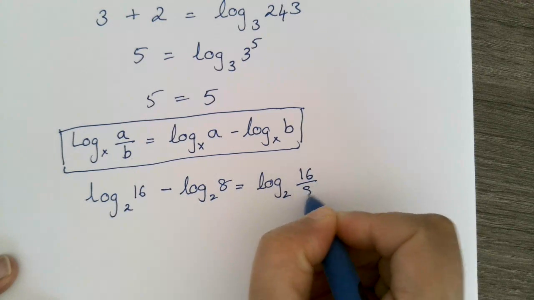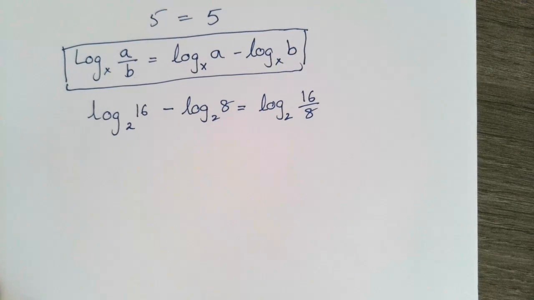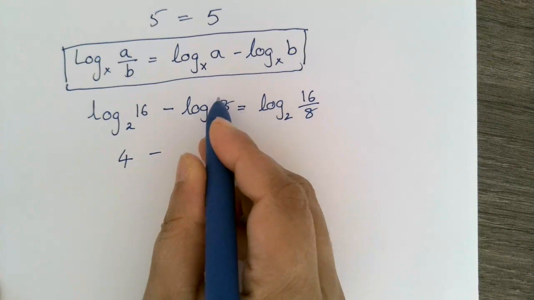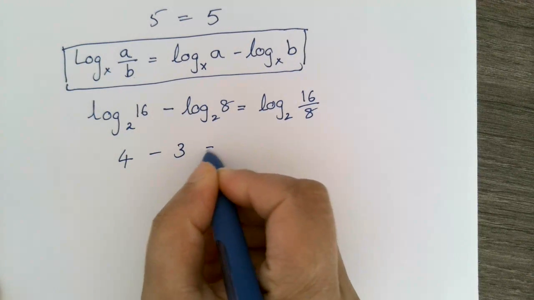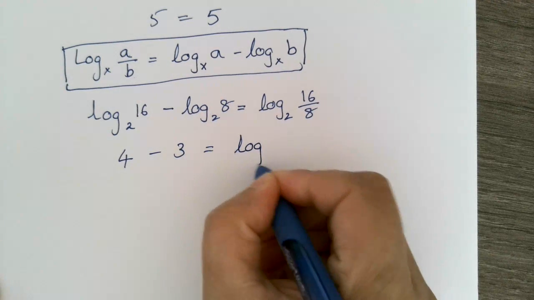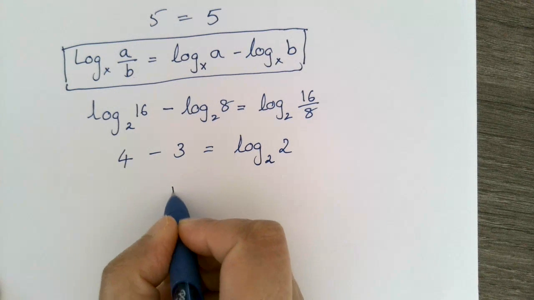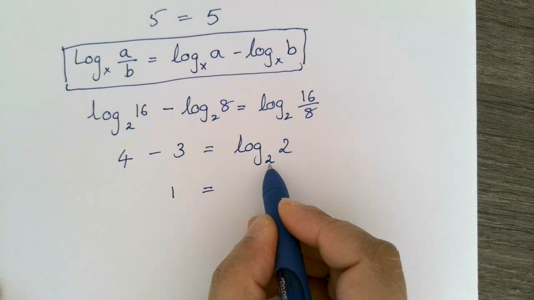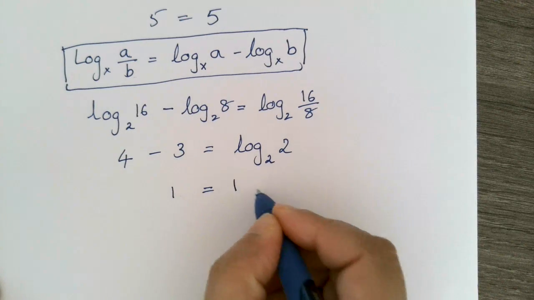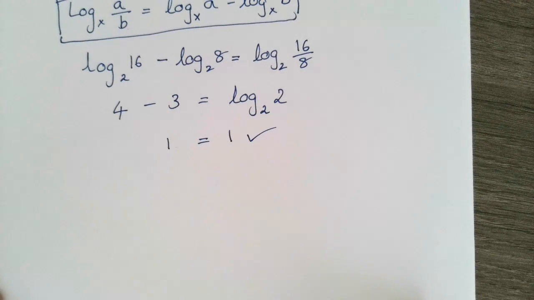And then we know that 2 raised to the 4th power gives you 16, so this is 4, minus 2 raised to the 3rd power is 8, so this is 3. And 16 divided by 8 is 2, so log base 2 of 2. And 4 minus 3 is 1, which is equal to 1. 2 raised to the first power is 2, so this is also 1. Good. Now let's move on.